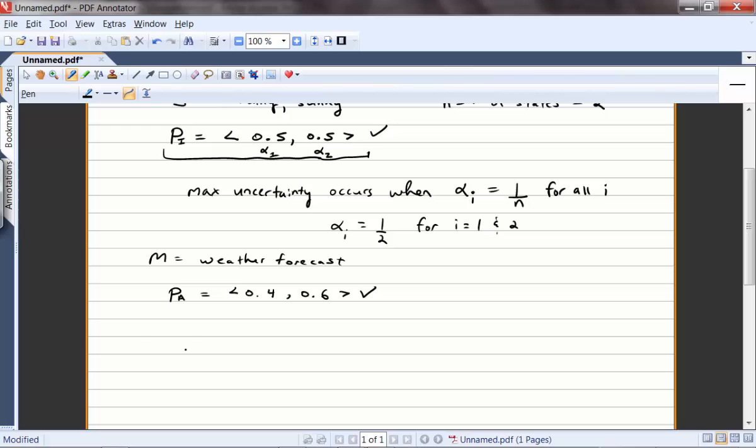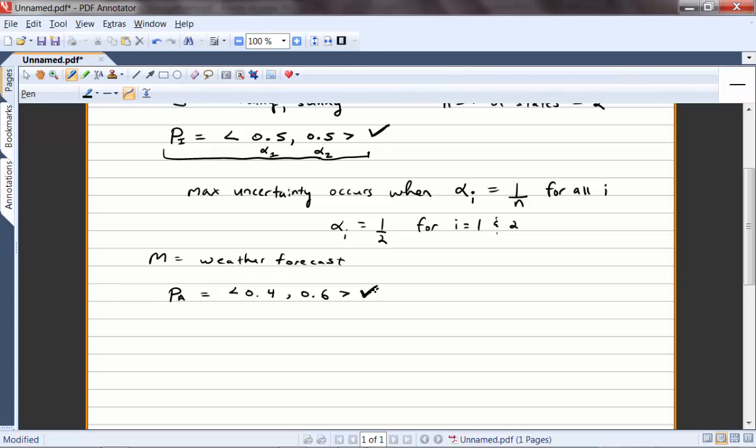Well, we can see that uncertainty must have decreased. You can't get more uncertain than these probabilities, and these probabilities down here are different, so they must represent a lower level of uncertainty, or a higher level of certainty, if you want to say it like that.